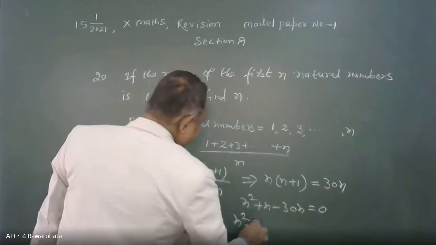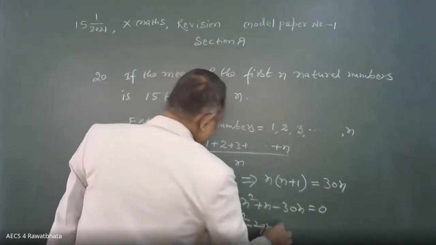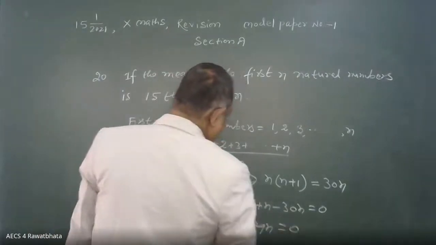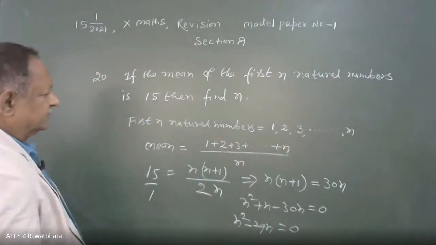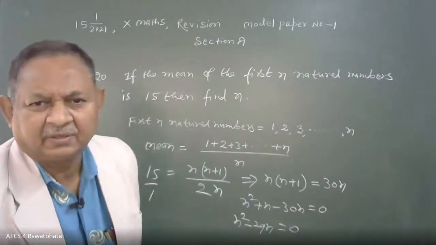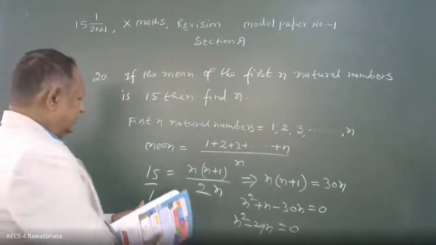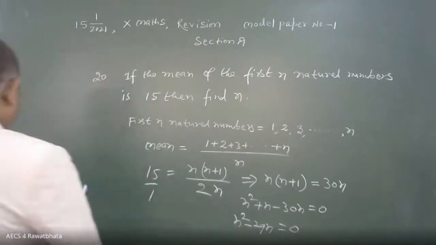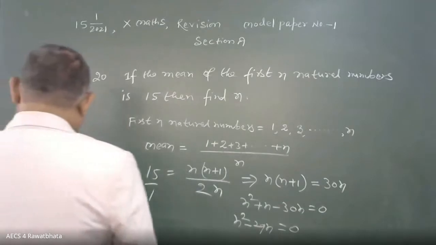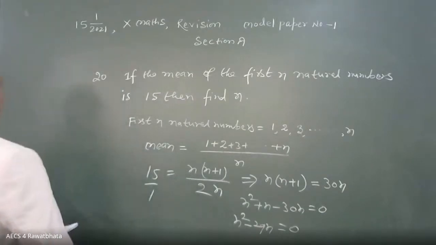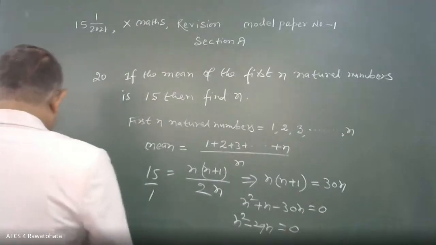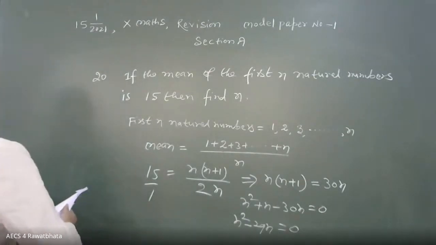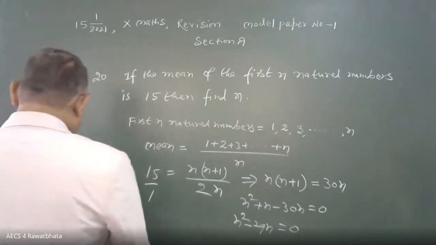Question number 20. n into n plus 1 by 2, into 1 by n, equals 15.